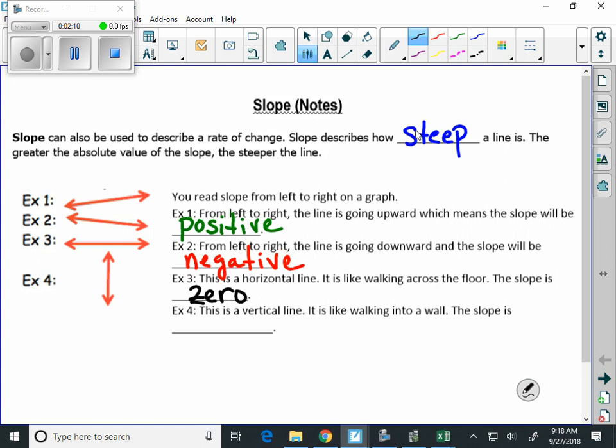And finally, vertical line, you can't walk across that line. You can walk uphill, like in example 1, or you can walk downhill in example 2, and you can walk forward in example 3. But you can't walk up or down the vertical line. And when we have that, the slope for a vertical line is undefined.